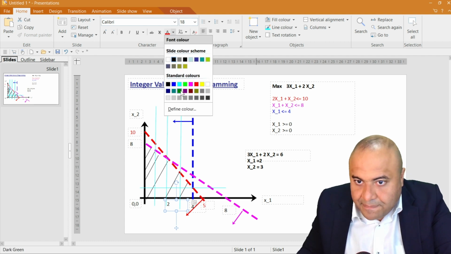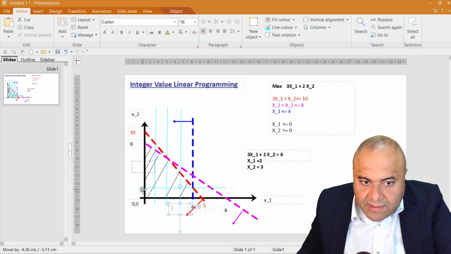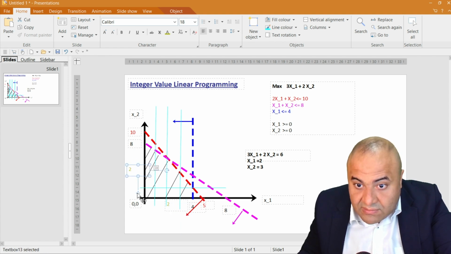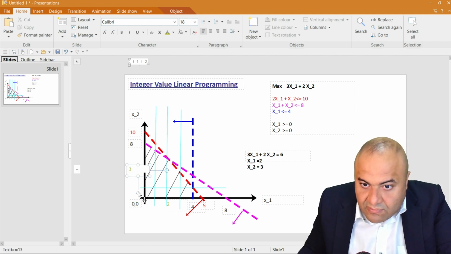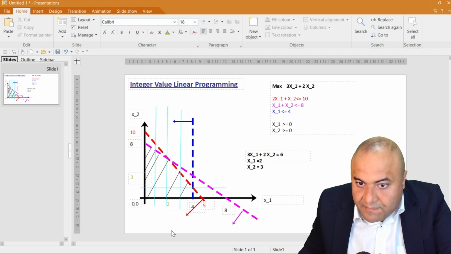Let's say we already used a lot of red, so this kind of color. And here the other one should be 3, x2 equals 3, which is a bit too high here for this value.